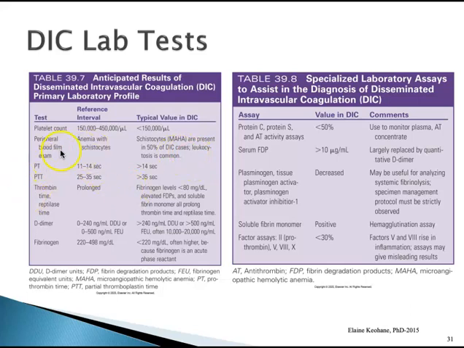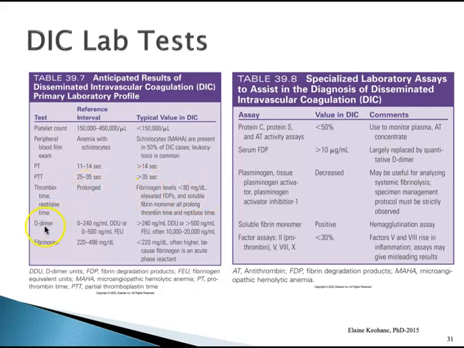Then you can take a look at your routine coag-based tests. So the PT, the prothrombin time, is usually elevated. The APTT is usually elevated as well. Take a look at the thrombin time along with the reptilase time; the thrombin time will be prolonged, okay?